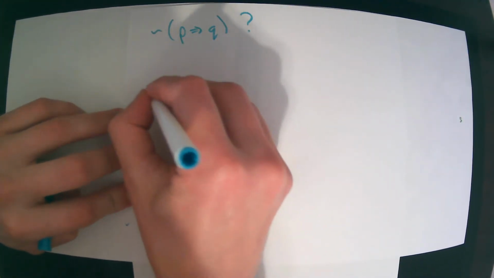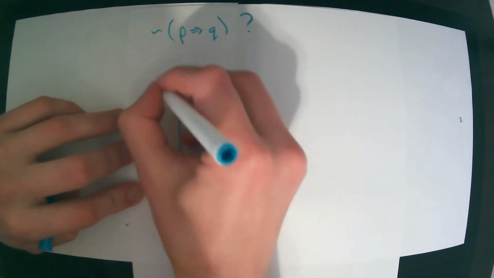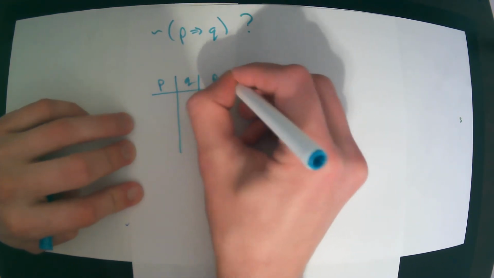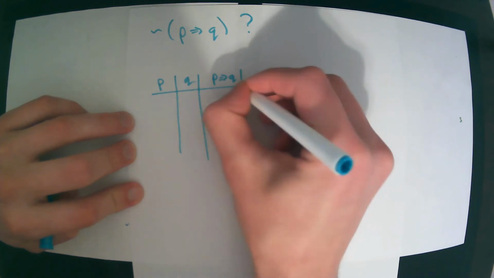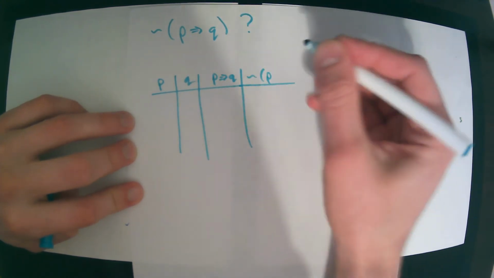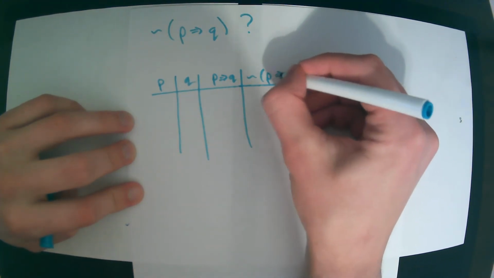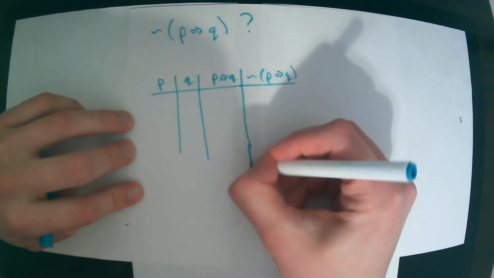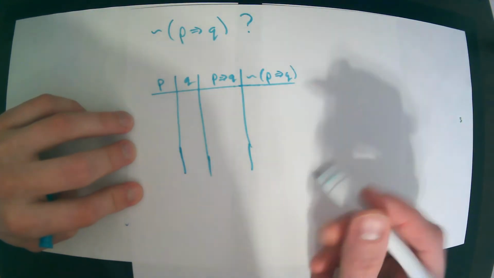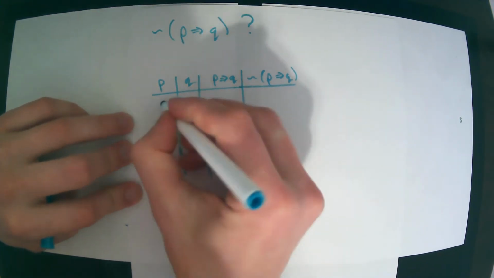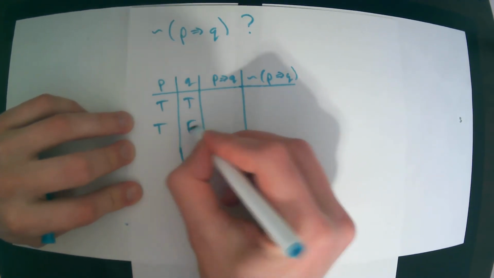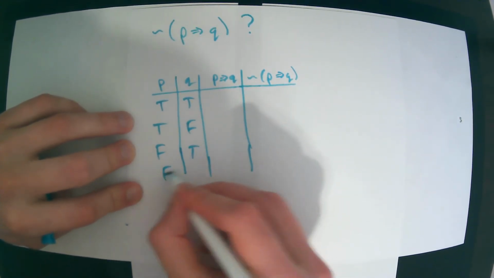Well, let's make a truth table and consider P and Q, P implies Q, and then the negation, and see if maybe we can look at some of our previous tables and see if any of them look close to what we get here. So let's quickly make our combinations.